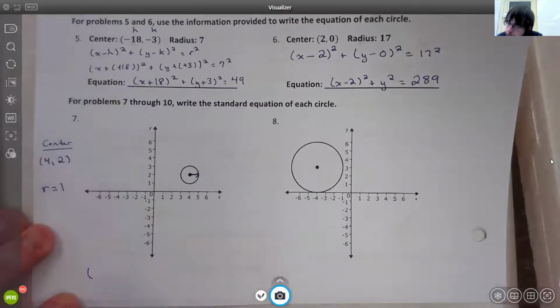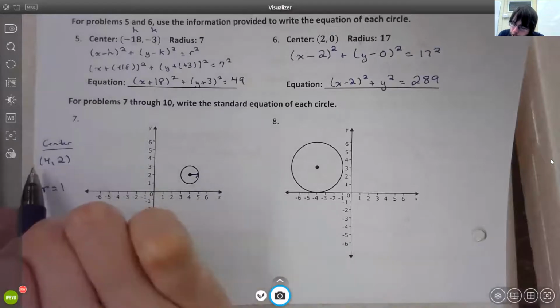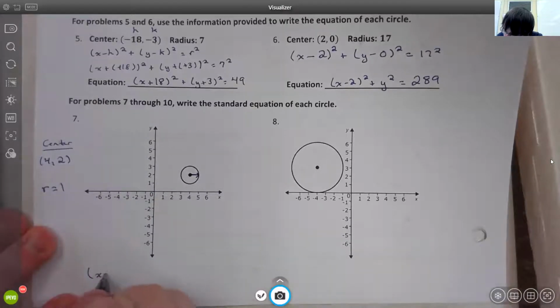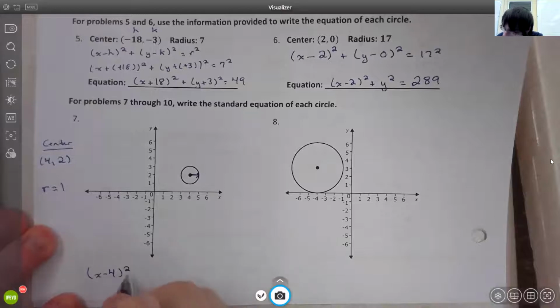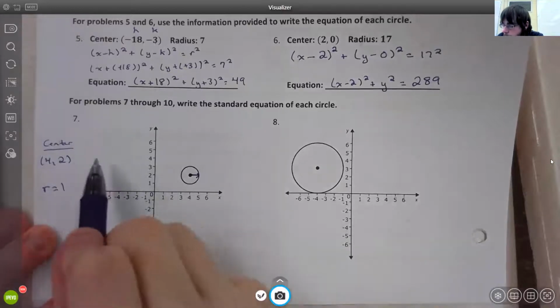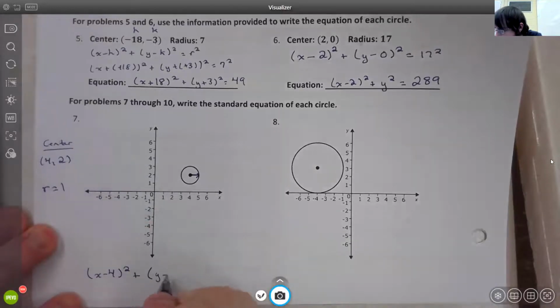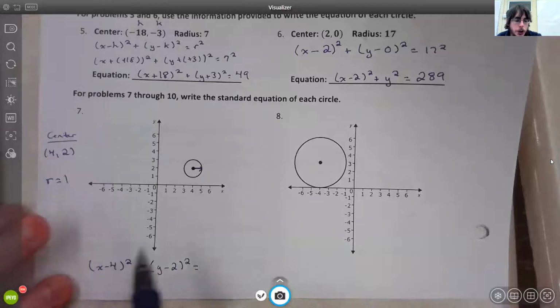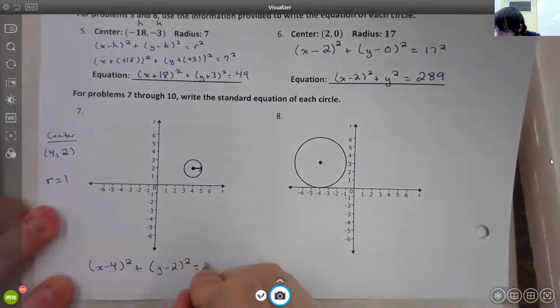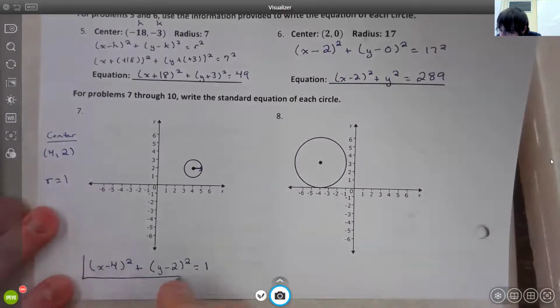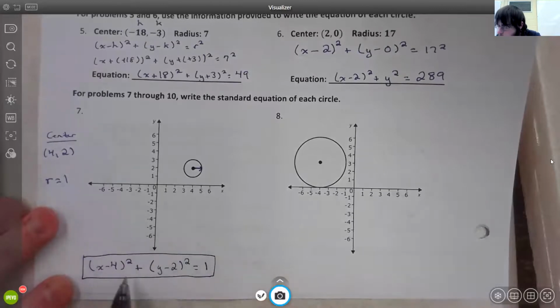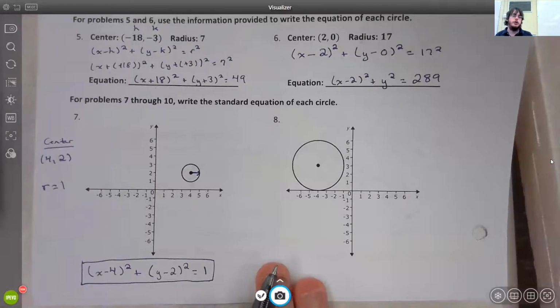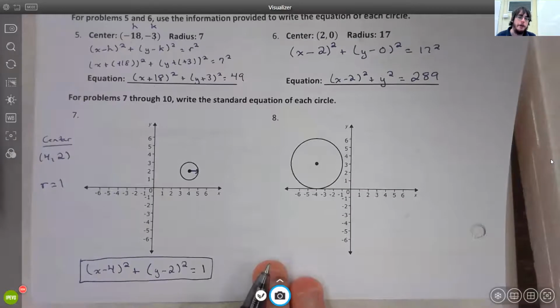So in your first parentheses, it's x minus h, so it's x minus 4 in this case, squared, plus then y minus k, which is 2, so (y - 2)², is equal to r². Well, r² would be 1², and 1² is just 1. So our equation here is (x - 4)² + (y - 2)² = 1.